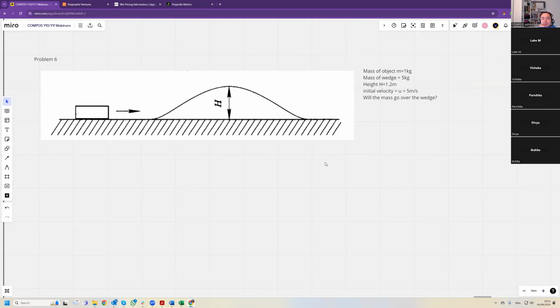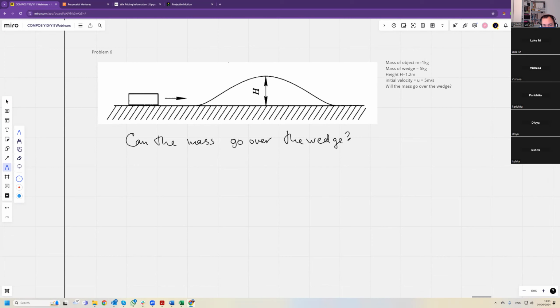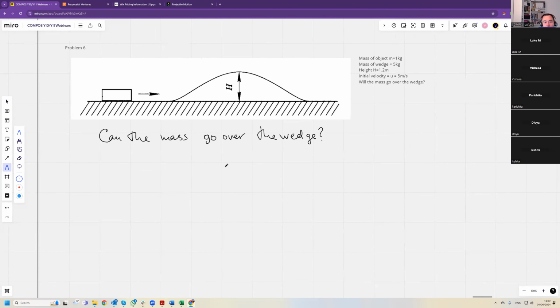What things do you need to consider when answering the question, can the mass go over the wedge? It is frictionless, yes. Oh, the wedge is stationary.